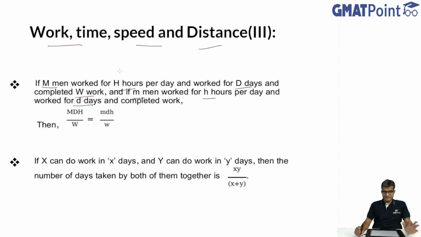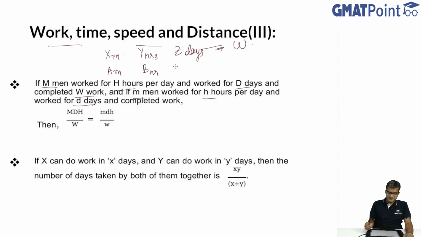Because it is difficult to actually say m, h and all multiple times, let us assume that X men work for Y hours and they worked for Z days and they were able to do say W work. Similarly, A men worked for B hours, they worked for C days and they were able to do D work. Now what is the relationship between these two?